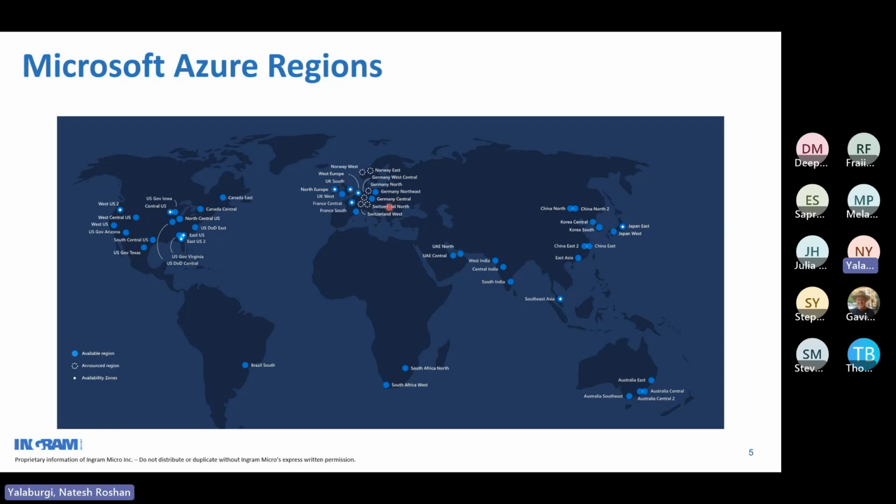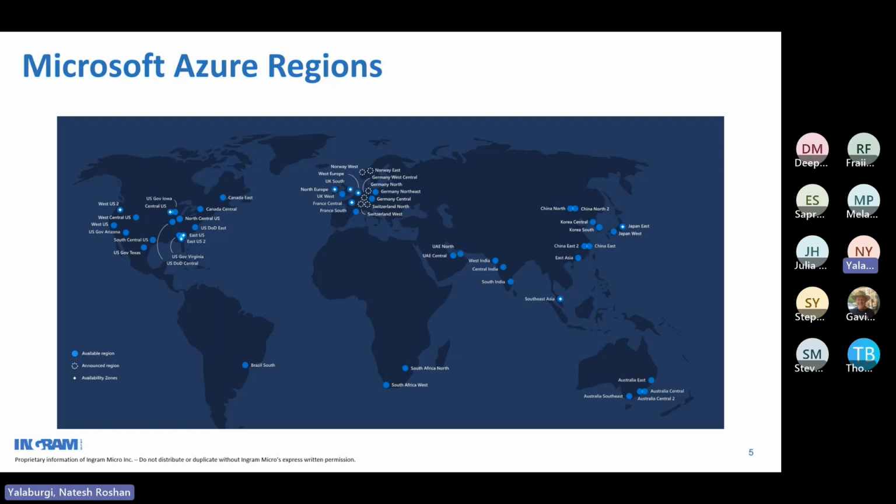So since Microsoft has regions across the globe, it gives you that flexibility to build servers anywhere in the world where an Azure region is available, or you can create it in the closest region to where your users are based. Okay. So at a very high level, this is what it is. Microsoft has the highest number of regions compared to its closest competitor.